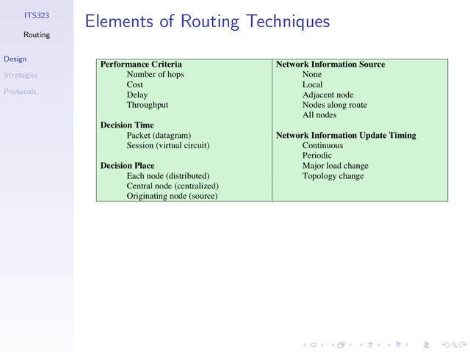Or each node involved, nodes 1, 2 and 3, somehow work together to calculate the least cost path, a distributed approach. Or maybe the source node chooses a path. The originating source chooses a path and sends the data across that. So there are three basic approaches as to who makes the decision or where the decision is made. We'll see some examples of that in our subsequent routing strategies.